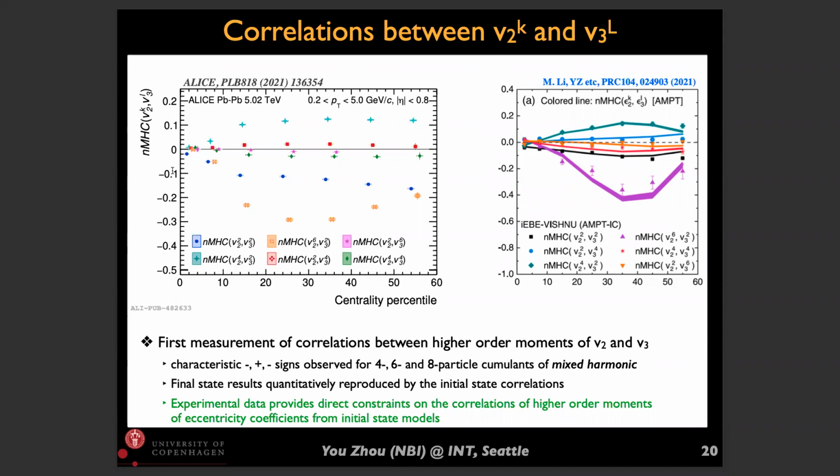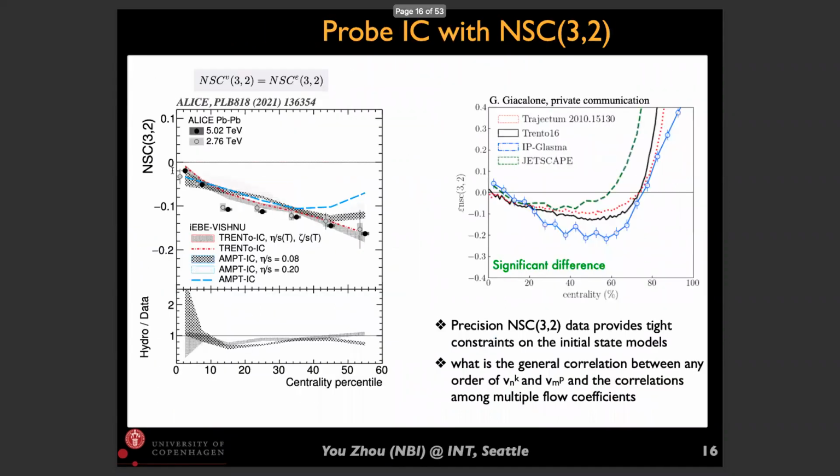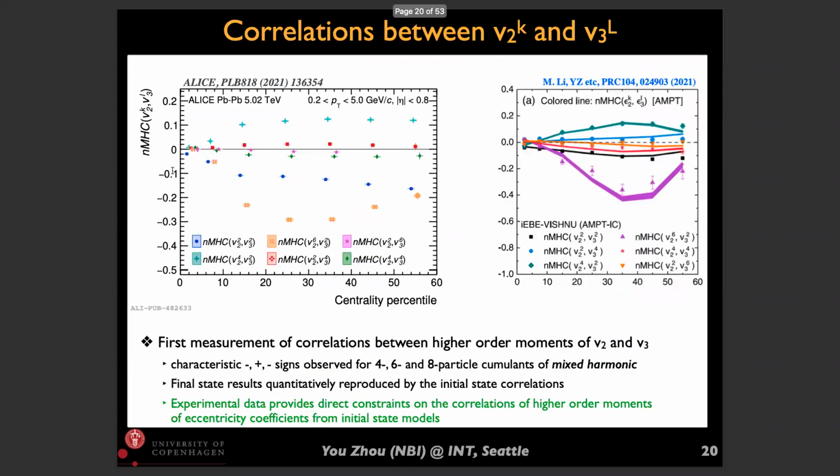Because you just showed that the symmetric cumulant between V2 and V4 doesn't work, the initial state predictor. But then the statement is for these ones it works. This is V2, V3. Yeah, V2, V4 doesn't work. The only one where the initial state predictor doesn't work is V2, V4.